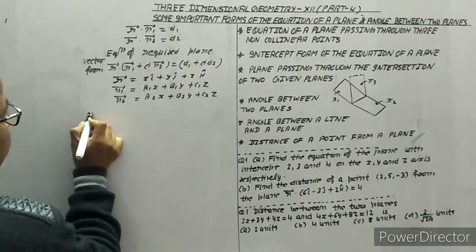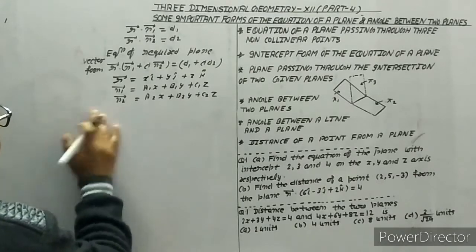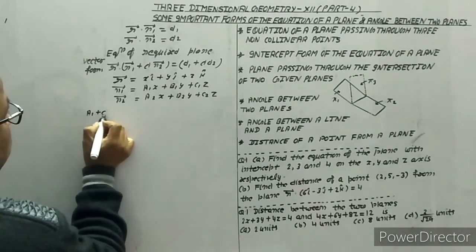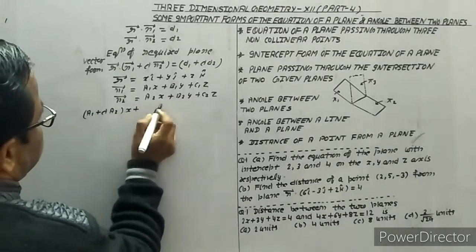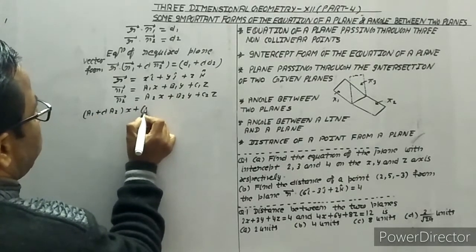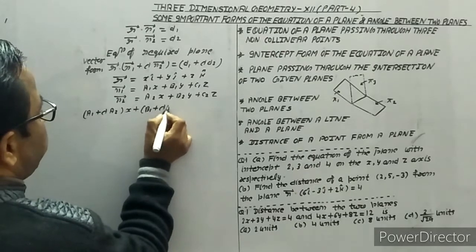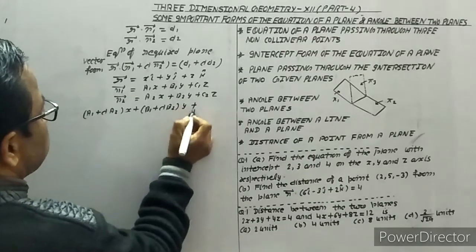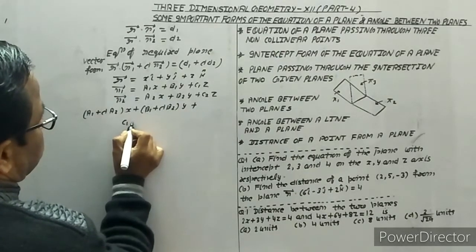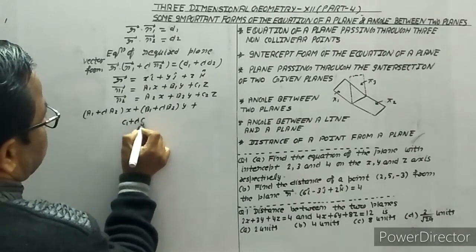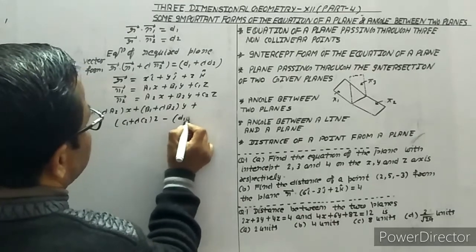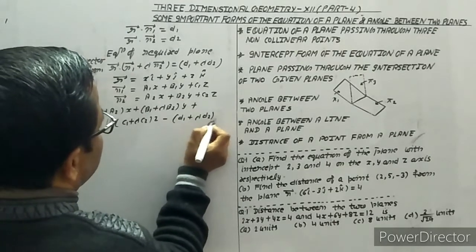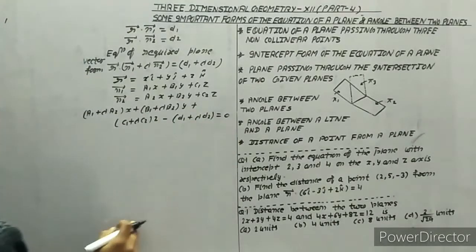Once we do the dot product, we will get (a1 plus lambda a2)x plus (b1 plus lambda b2)y plus (c1 plus lambda c2)z minus (d1 plus lambda d2) is always equal to 0.